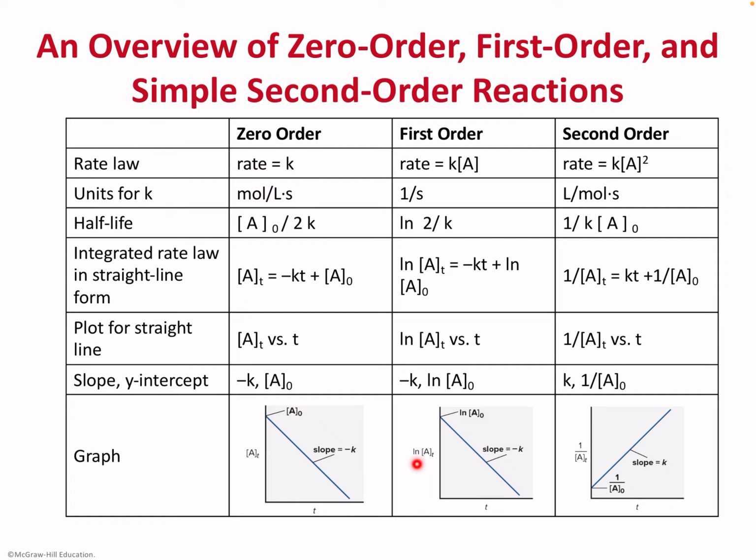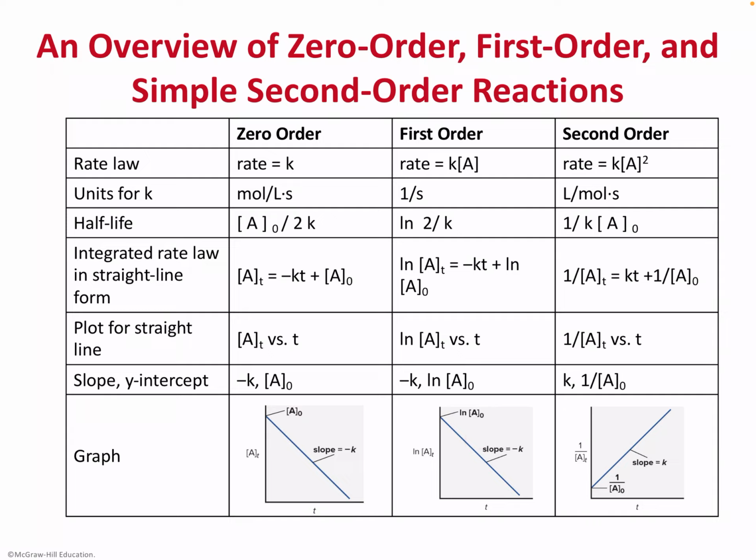For first order, ln concentration versus time, and second order, 1 over concentration versus time. Okay, and also we know the units. Now in this particular question, the graph was plotted ln sucrose concentration versus time and gave a straight line with a negative slope. So that tells us that it is a first order reaction.